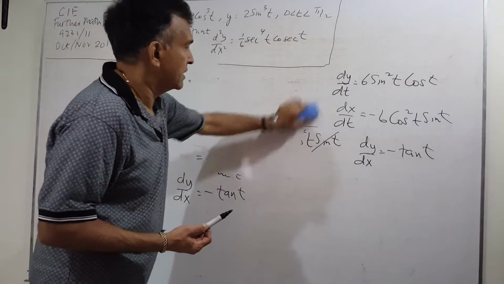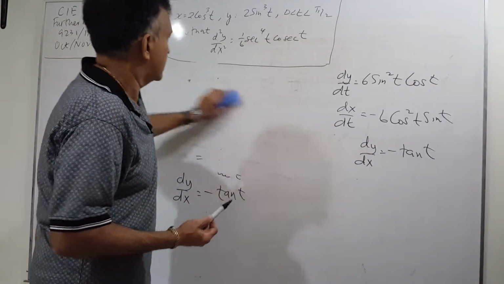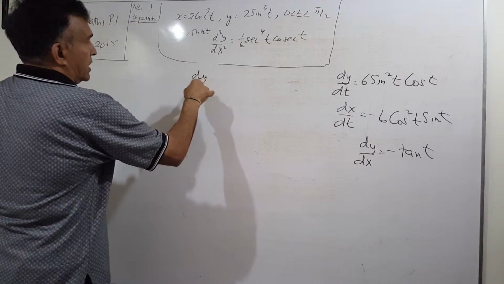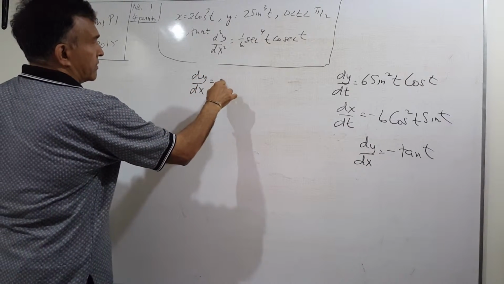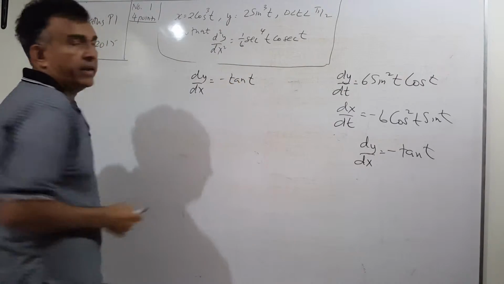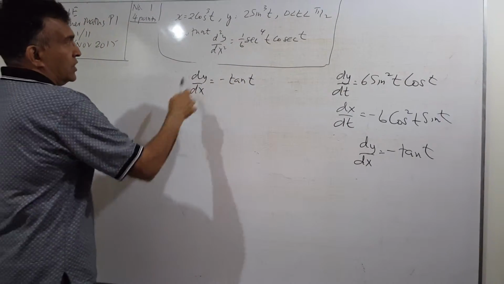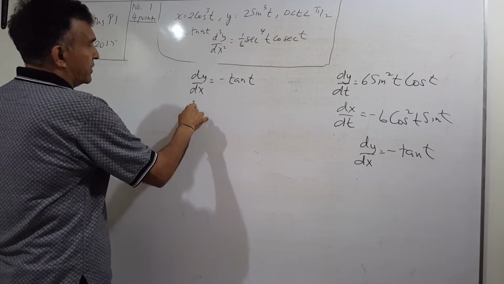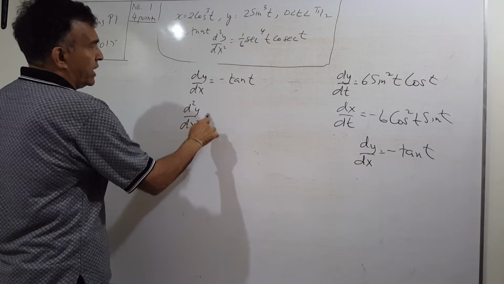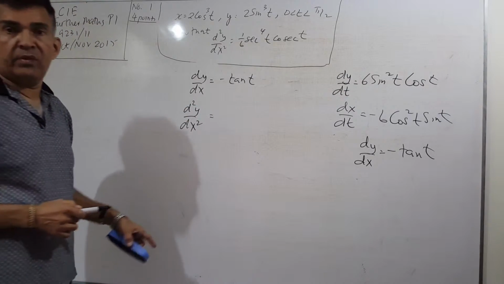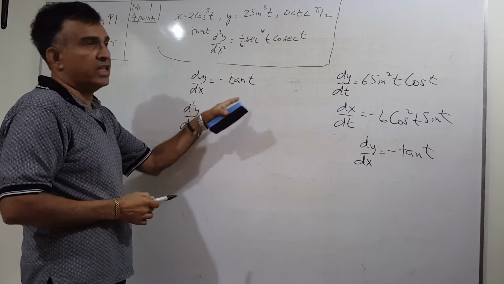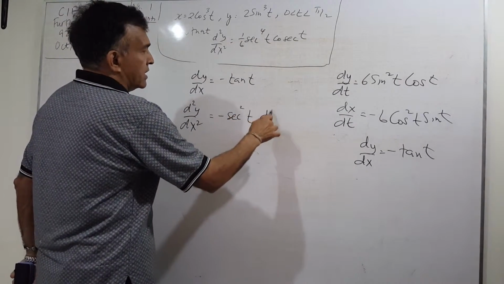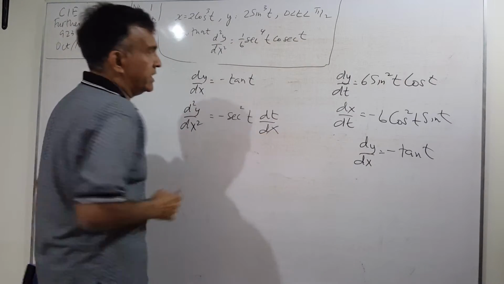Let's start with the line that we just had. To get d2y dx squared, we differentiate dy dx again with respect to x. We have to do implicit differentiation again. I have tangent t. If I differentiate this, I'll get minus secant squared t dt dx.